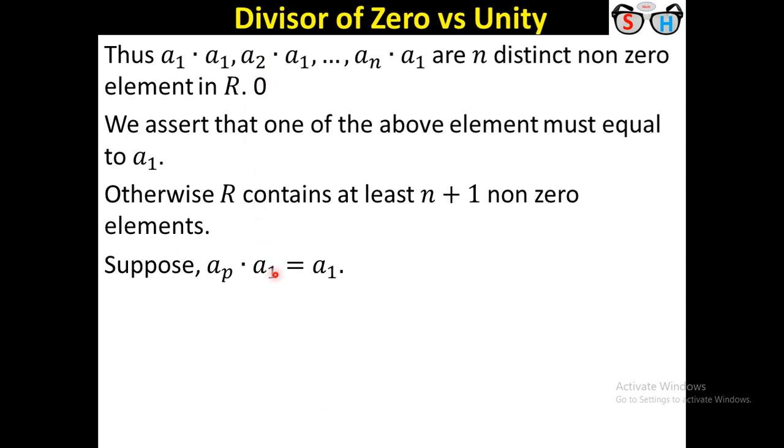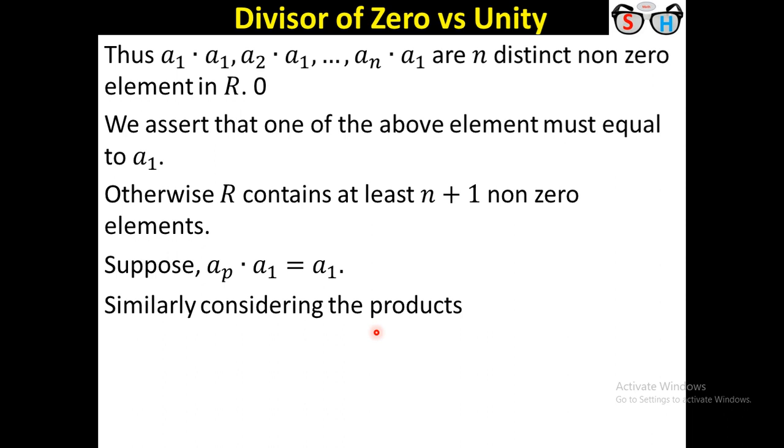It may be a1·a1, it may be a2·a1, it may be a3·a1. However, we assume that it is ap. Again, similarly, if you consider the products as in the previous process: in that process we took post multiplication by a1, but here I take pre multiplication by a1.